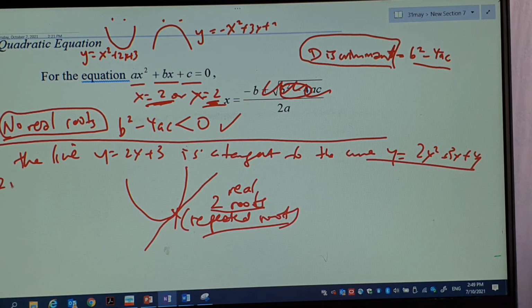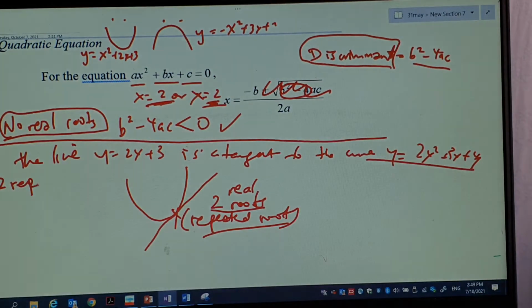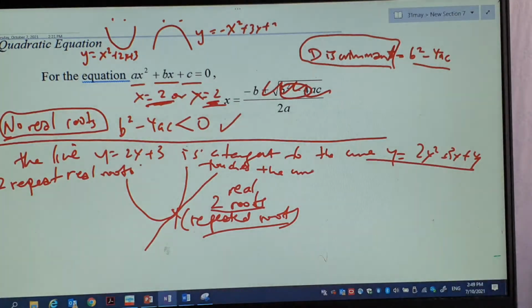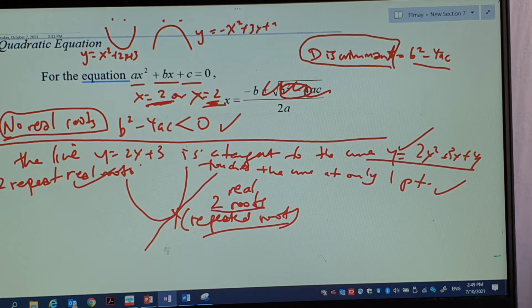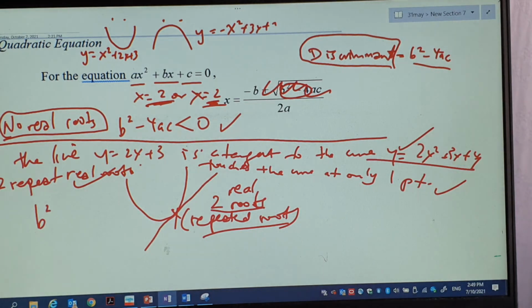They can also say two repeated real roots. Okay, or if they say the line touches the curve at only one point. This and this and this, they're all saying the same thing, that b squared minus 4ac is equal to 0. Are we clear? So that's what it's all about.